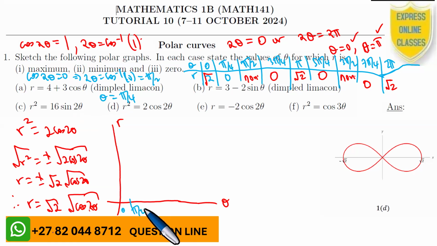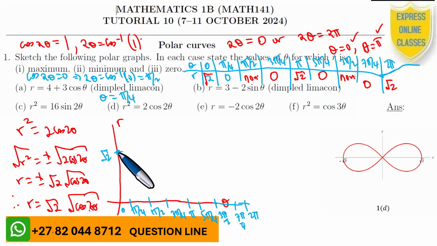This is pi over 4, pi over 2, 3 pi over 4, pi, 5 pi over 4, 6 pi over 4, 7 pi over 4, 8 pi over 4. So at pi over 4, it becomes 0.